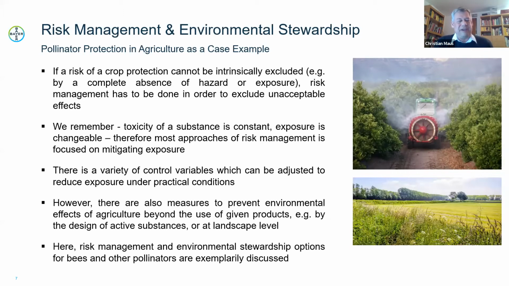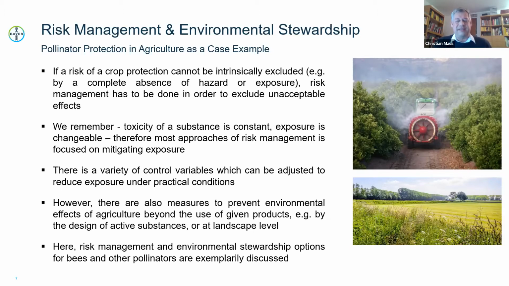So if a risk of a crop protection product cannot be intrinsically excluded, for instance, by the lack of exposure, risk management has to be done. And we remember toxicity of a substance and exposure are the relevant points that are determining the risk.